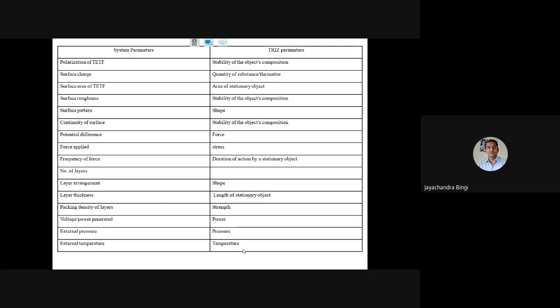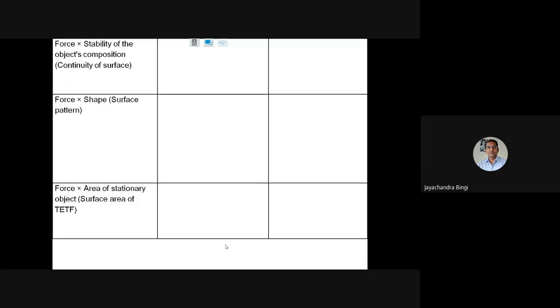All others can be taken as worsening features or worsening parameters. So tomorrow, please keep the Altshuller contradiction matrix ready. Download it, take a printout, or keep it ready. If you have a contradiction matrix, immediately we'll start working like this.